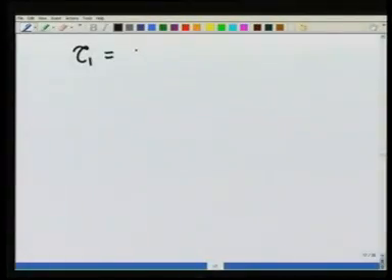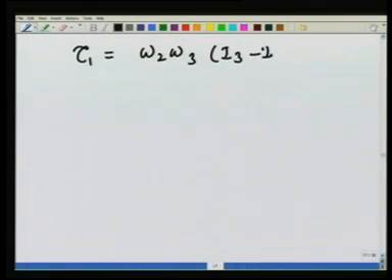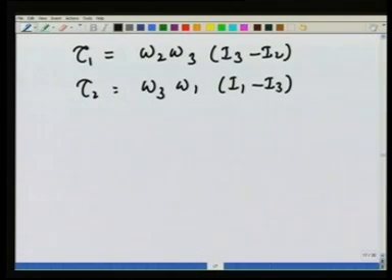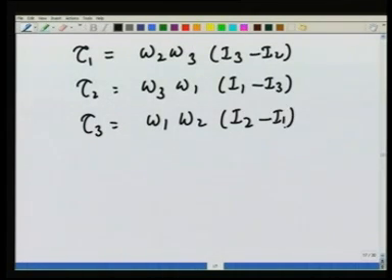Let us now see how I get the same answer, instead of using these horizontal components, from the general expression which told me that tau 1 is equal to, only by pure rotation, omega 2 omega 3 (I3 minus I2), tau 2 is omega 3 omega 1 (I1 minus I3), and tau 3 is equal to omega 1 omega 2 (I2 minus I1).